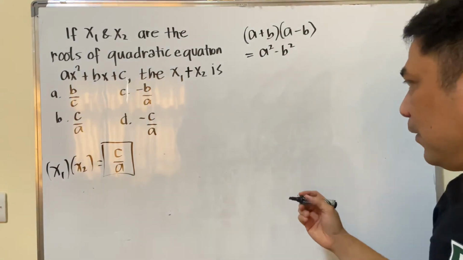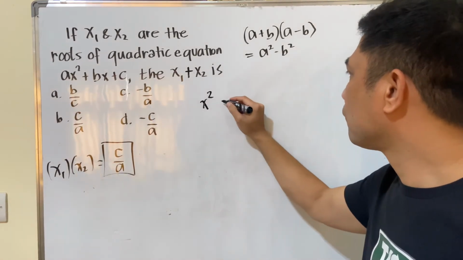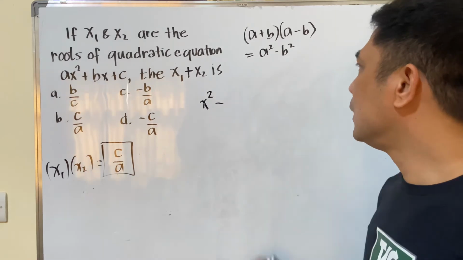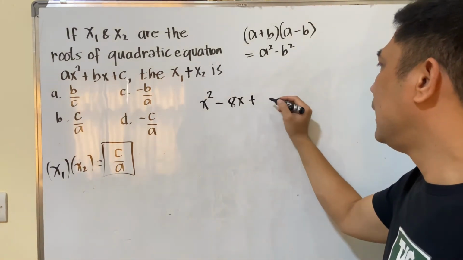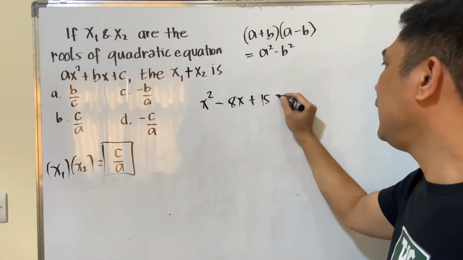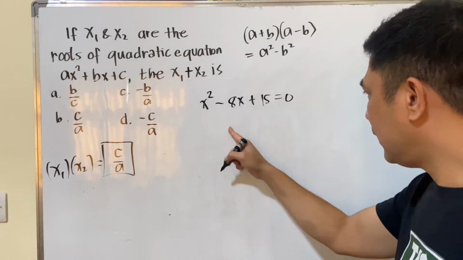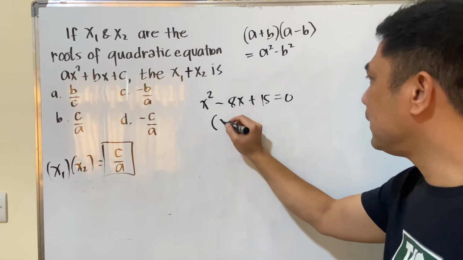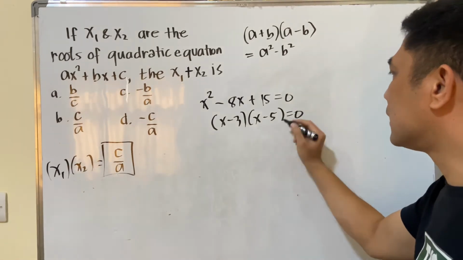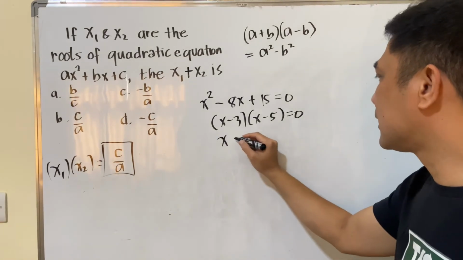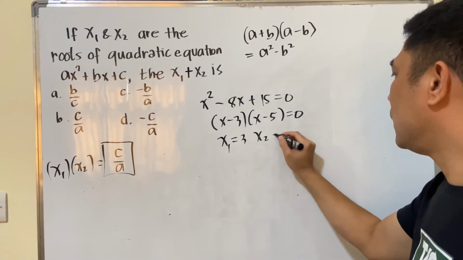So let's see, if we have x squared minus 8x plus 15 is equal to 0. So let's try to factor this one first. That means x minus 3 and x minus 5 is equal to 0. So the two roots are x is equal to 3 and then x is equal to 5.